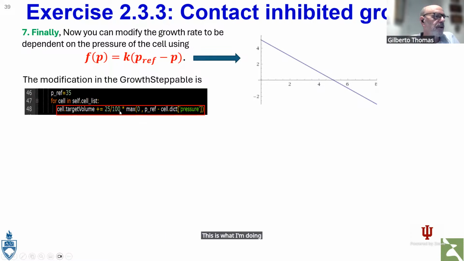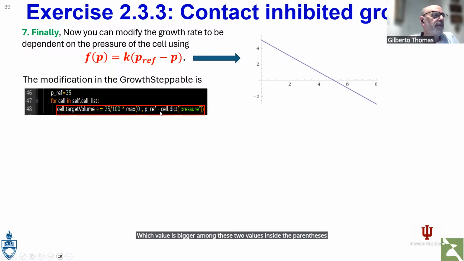I'm multiplying the growth that I had before, 25 over 100, times the max. Max is a function which gives you which value is bigger among these two values inside the parentheses.